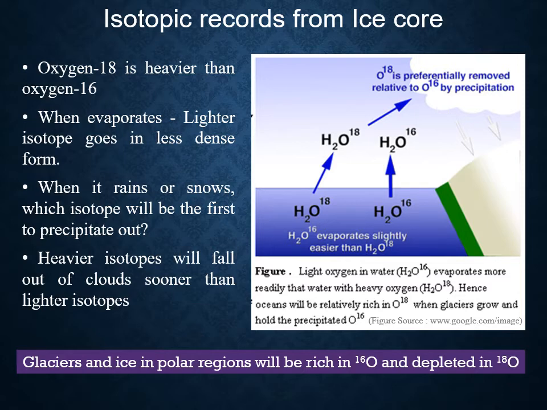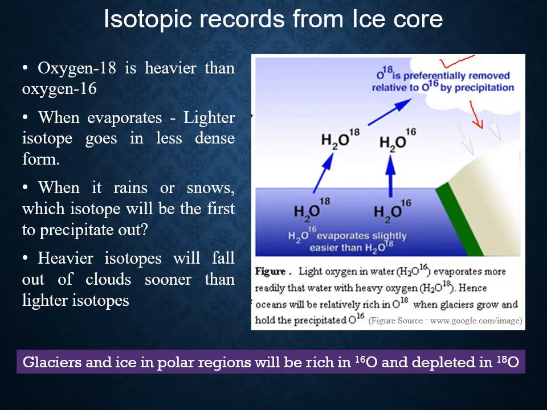Now from this water vapor cloud to precipitation, as water is the relatively higher density form, from this water vapor rich cloud to rain, more and more O18 will go because water is the high density form. So more O18 will go from cloud to rain.